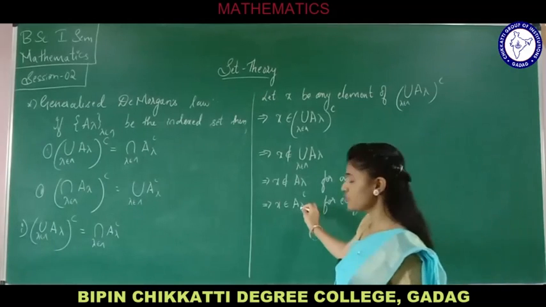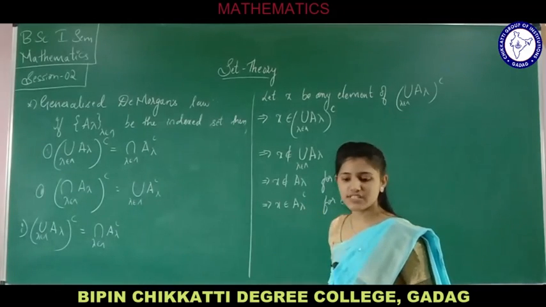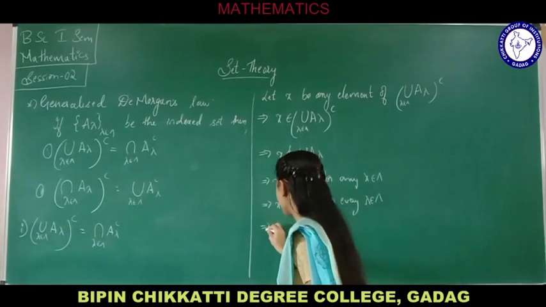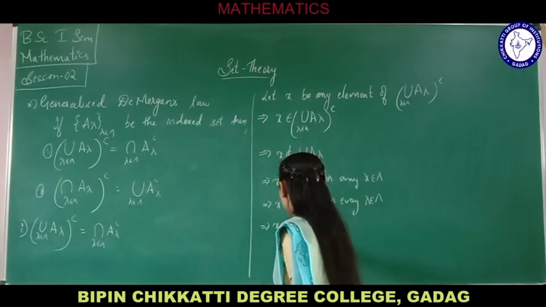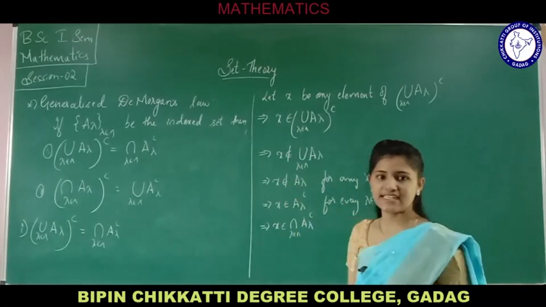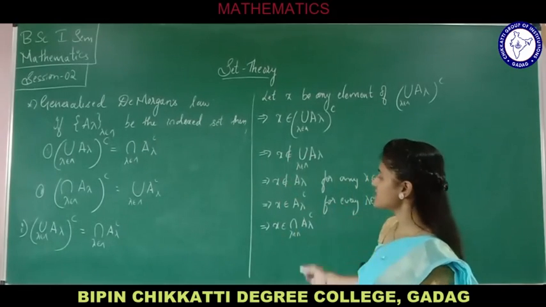So if it belongs to this, then obviously it should belong to the intersection of this family. That is, this implies x belongs to the intersection of A lambda complement where lambda belongs to this indexed set.